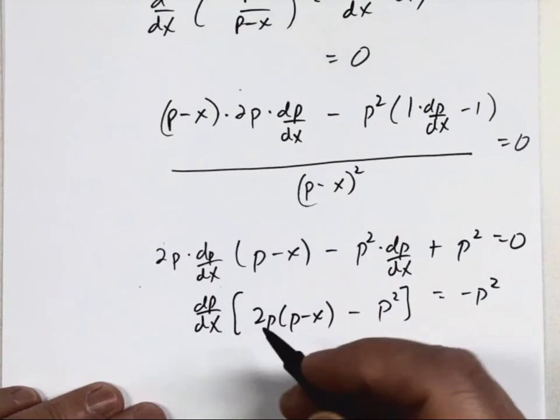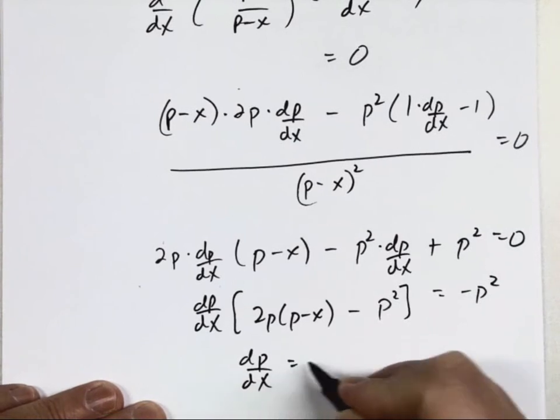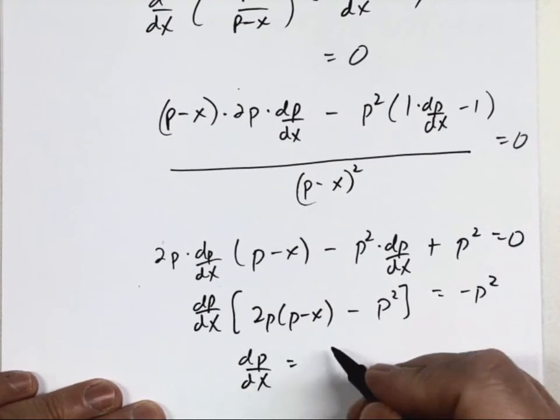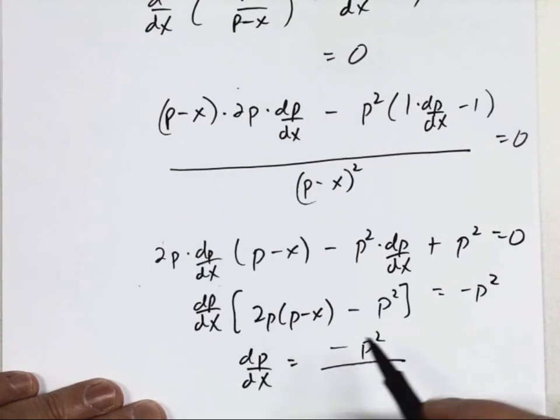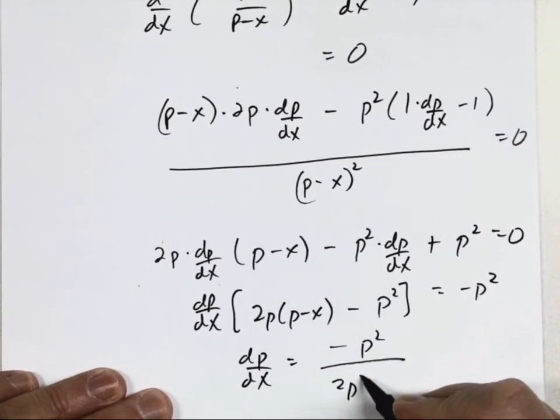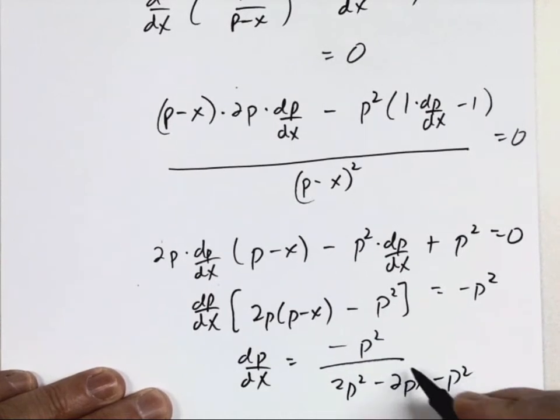Now, if I want to get dp dx by itself, divide both sides by this big bracket. As I write this, I'm going to go and multiply out this parenthesis here. So it's 2p squared minus 2px minus p squared.